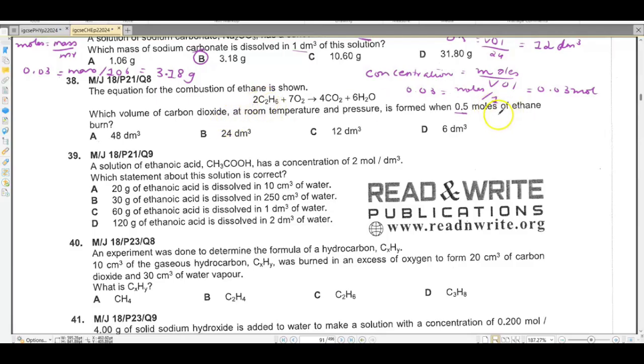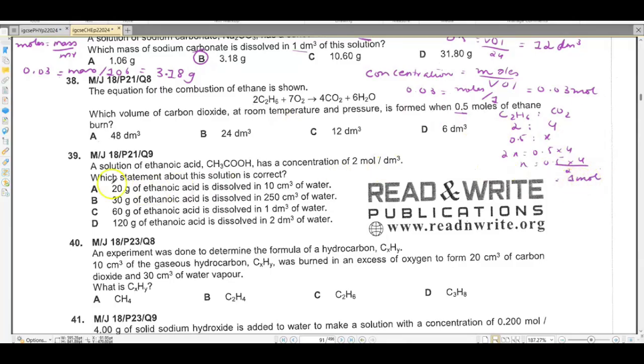If you see C2H6 and carbon dioxide, 2 of ethane was there and 4 of carbon dioxide was there, 0.5 of ethane was there and x of this, so 2x is equal to 0.5 into 4. So x is equal to 0.5 into 4 divided by 2. This gives you the moles of carbon dioxide to be 1 mole.